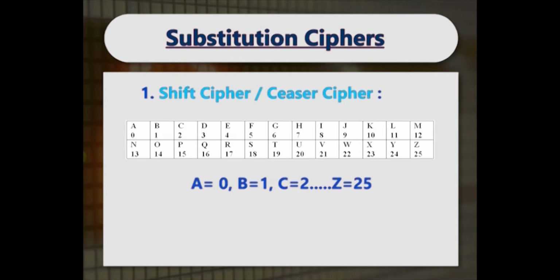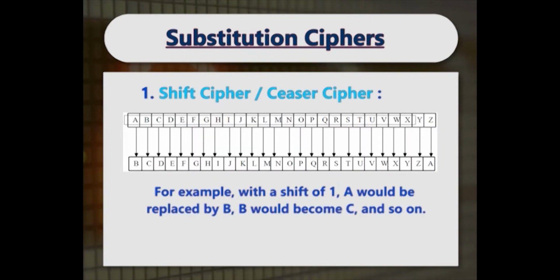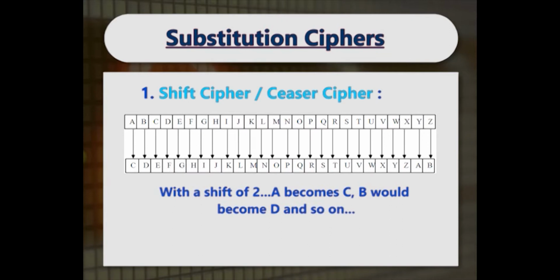In shift cipher, first we translate all of our letters to numbers, that is A equal to 0, B equal to 1, C equal to 2, and so on, and Z equal to 25. For example, with a shift of 1, A would be replaced by B, B would become C, and so on. With the shift of 2, A becomes C, B would become D, and so on.